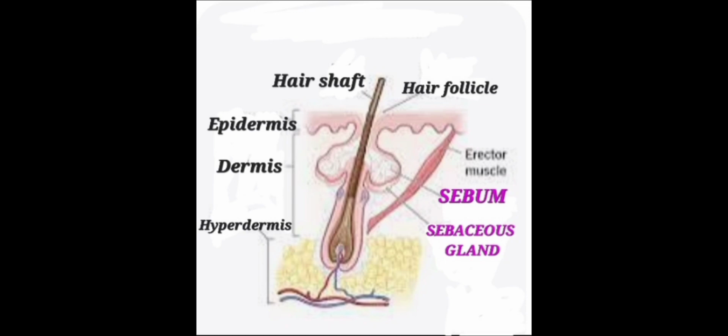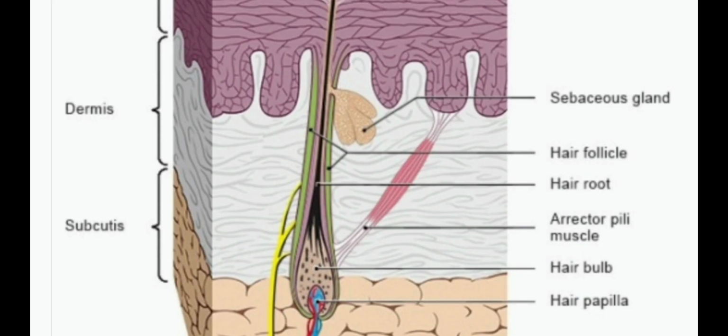The duct then opens into the hair follicle. The approximate number of sebaceous glands remains constant in an individual, but their size tends to increase with age, especially from adolescence. Next, we come to the functions of the sebaceous gland.